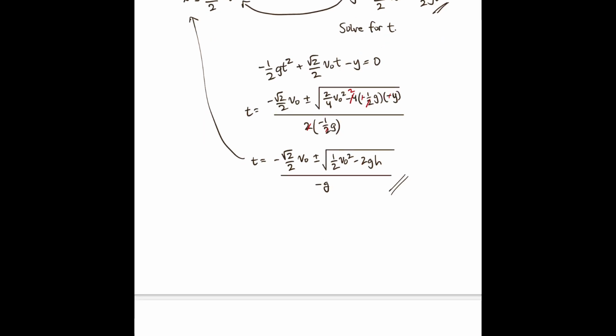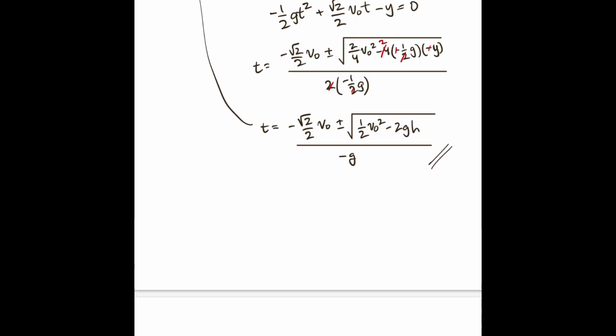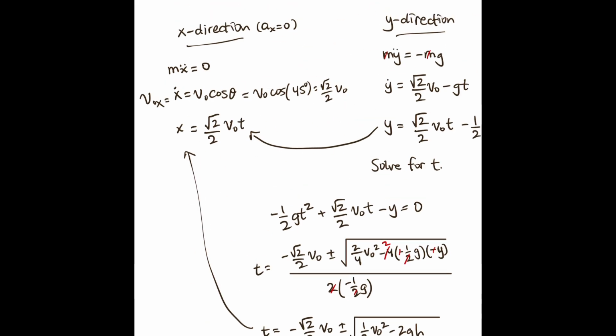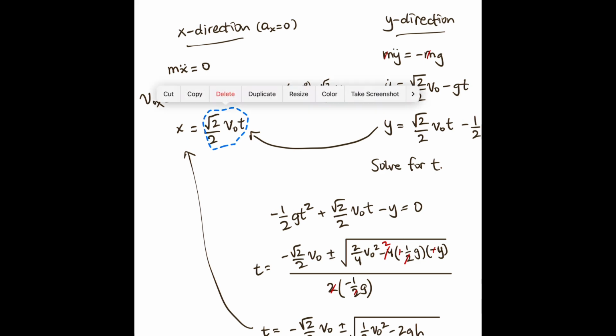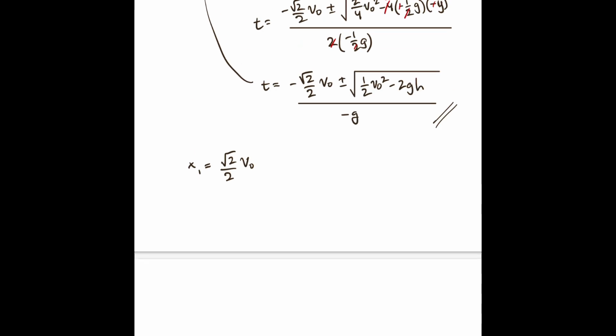Now we have to plug this into the x equation to get x1 and x2, which we'll be able to choose the plus and minus with t for two different x's. So the first x I'll choose is the positive t to solve for x. So we'll call this x1.